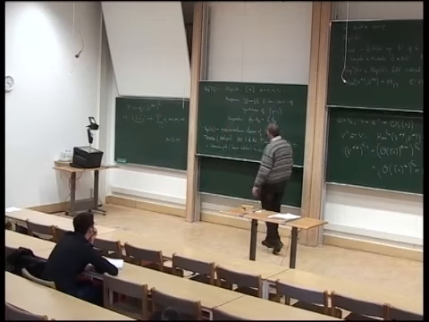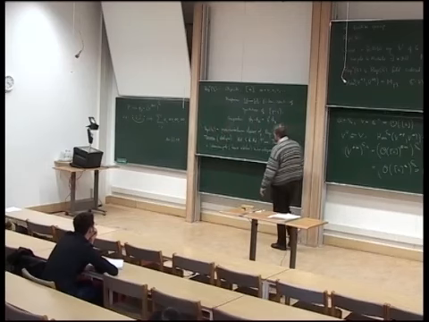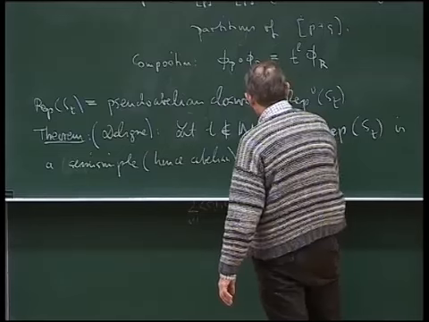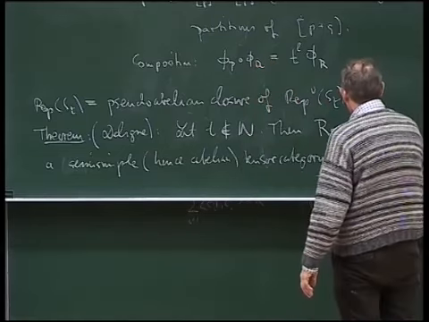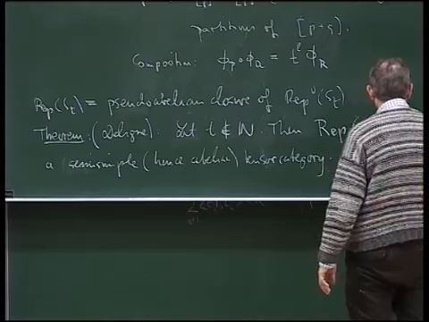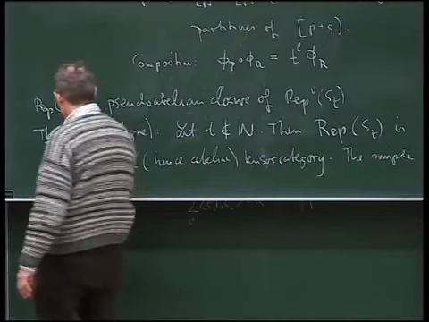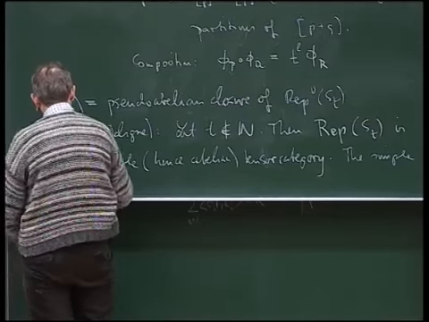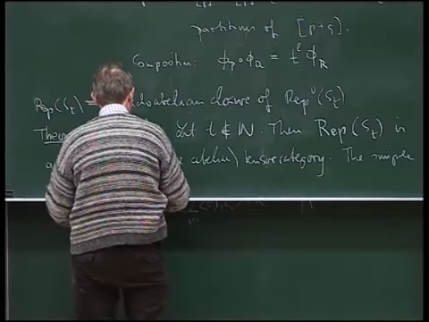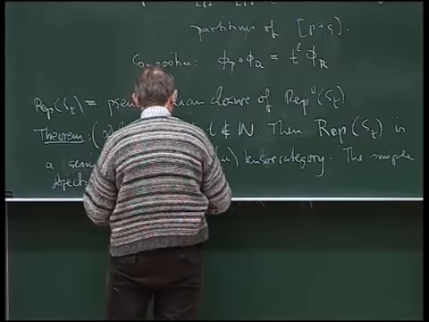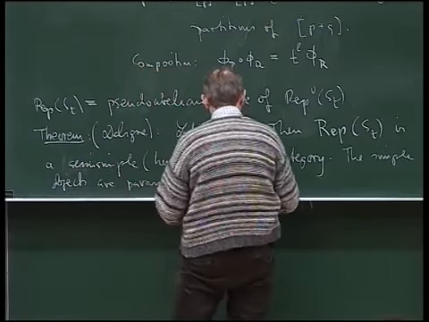Now, since this is a semi-simple tensor category, you might ask, what are the simple objects? Now, the simple objects are parameterized by Young diagrams.